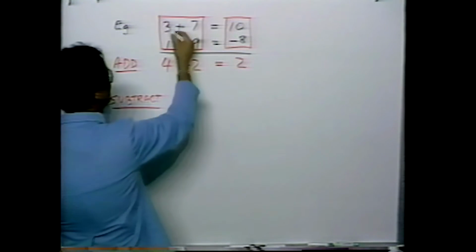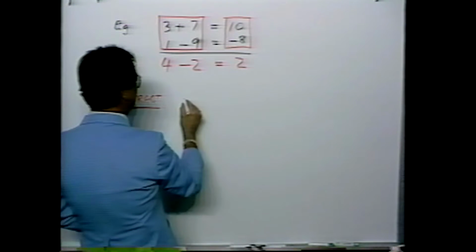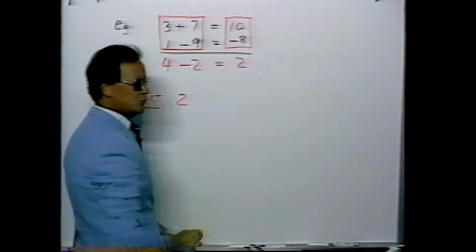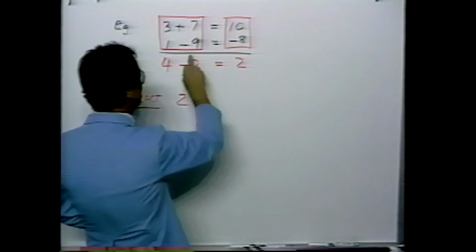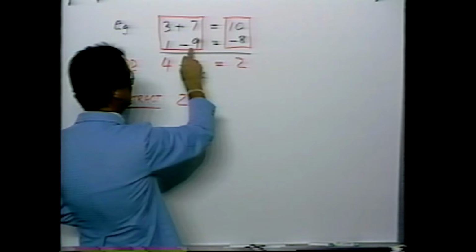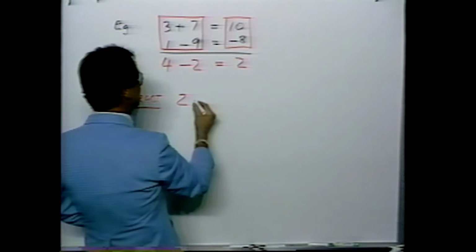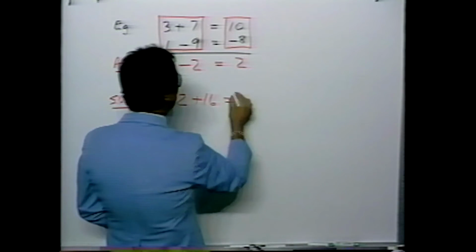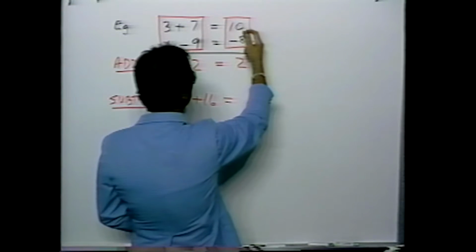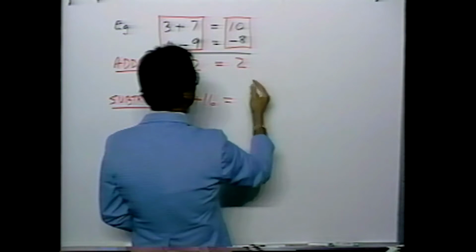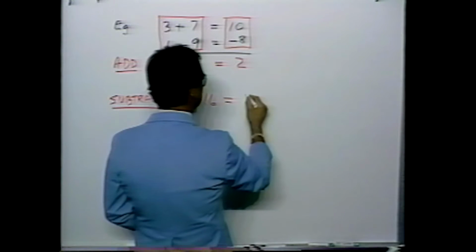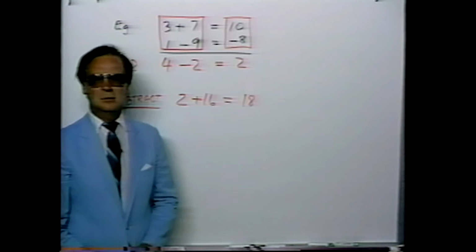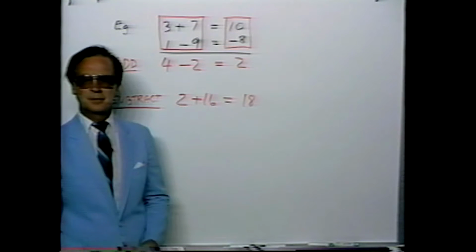I end up with 3 subtract 1 is 2. If I take plus 7 and subtract minus 9, remember that you change the sign of the bottom number mentally and add the result, and the result is 16. If I look on the right-hand side and subtract again, 10 plus 8 is 18.